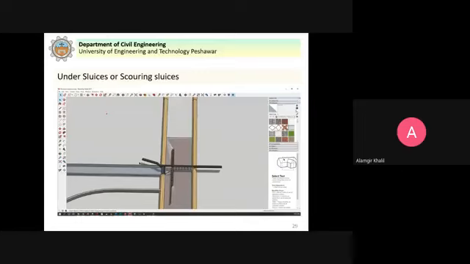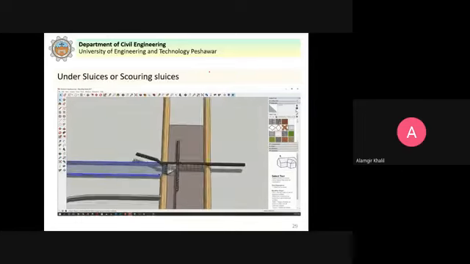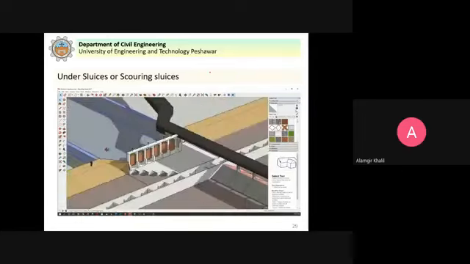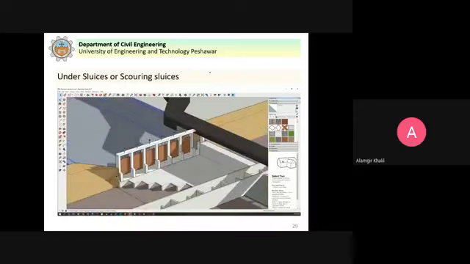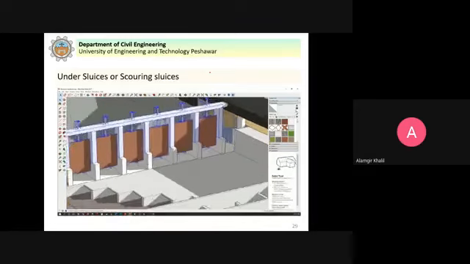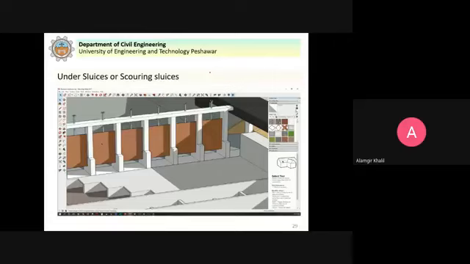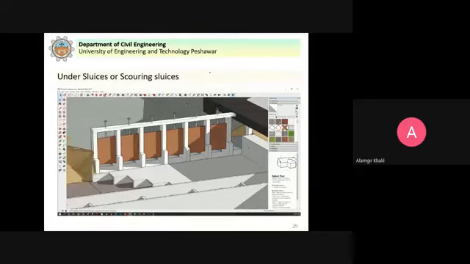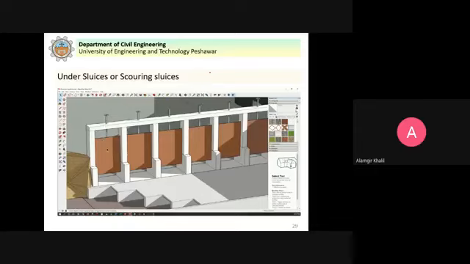Now you can see here, this is a video. You see that we have this canal head. This is the canal head regulator. These are the gates of the canal head regulator. So you can see controlled supply can flow into the canal.